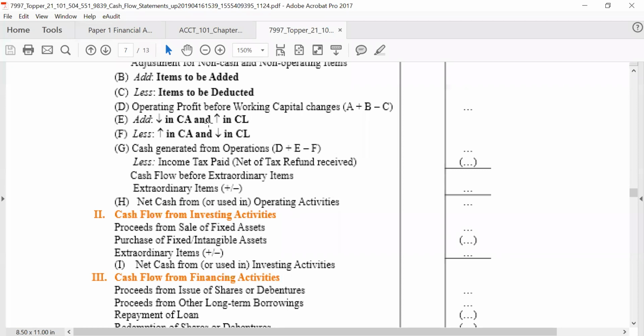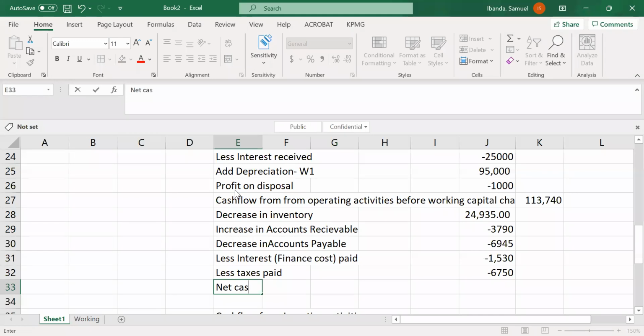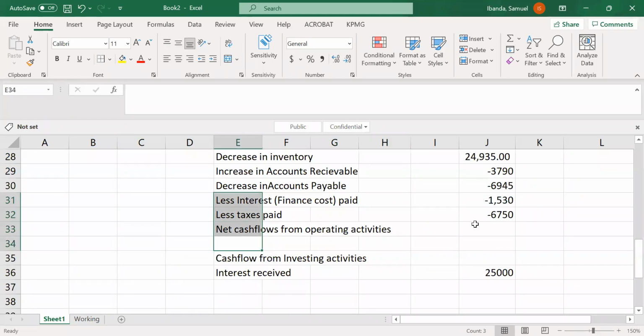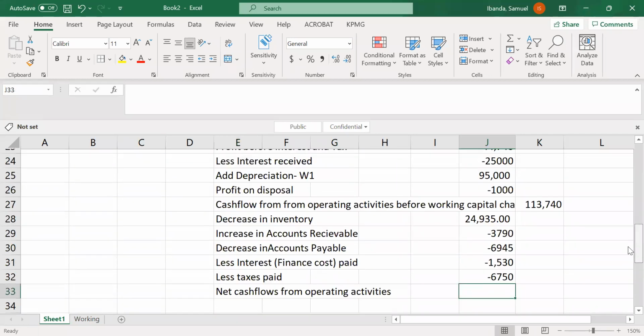After you've adjusted the taxes paid and the interest as well, you're able to come to your net cash flows from operating activities. So that is what we are going to include here. Say net cash flows from operating activities. You can see that whatever space I left has been able to work for me. So you also make sure that you leave enough space.